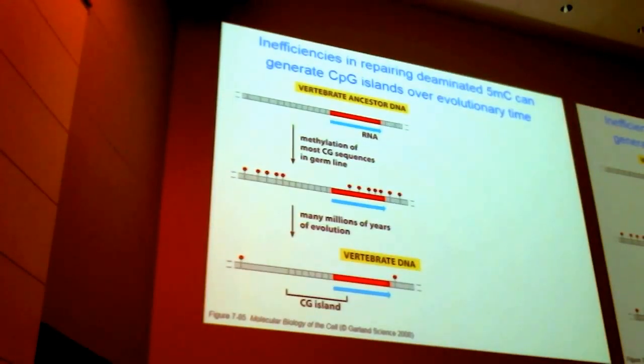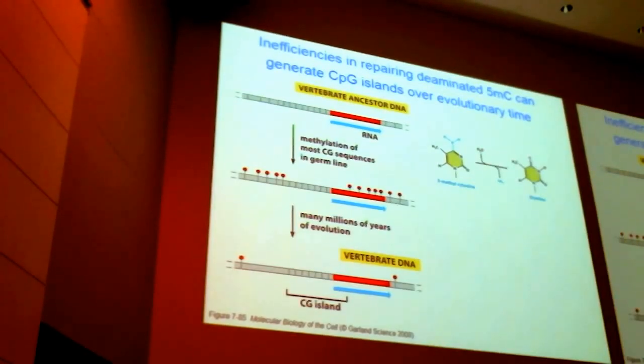So on vertebrate DNA, over many years of evolution, you'll end up with these black tick marks, which are the CG sequences, being located only in the promoter, because everywhere else in the embryo you get methylation. So this is how you end up having CG or CpG sequences at the promoter. What I said is summarized again here in writing.